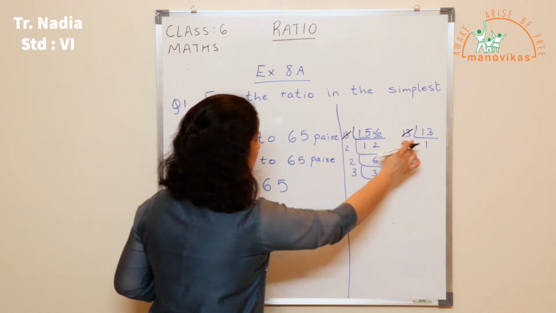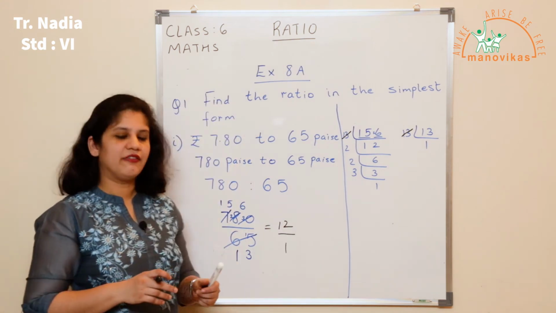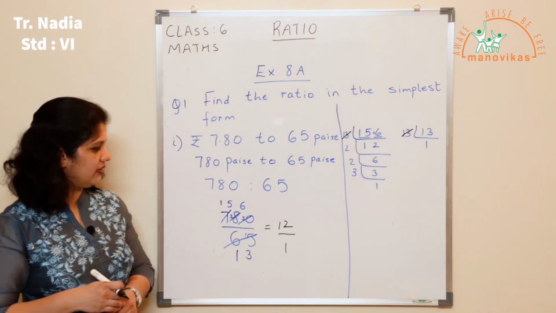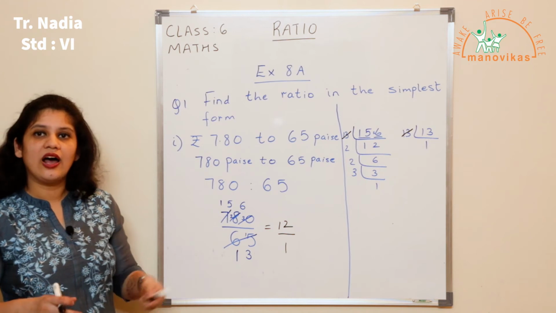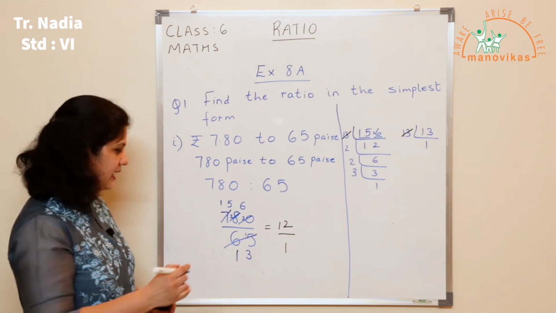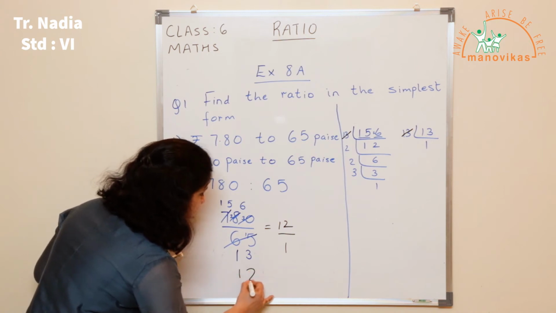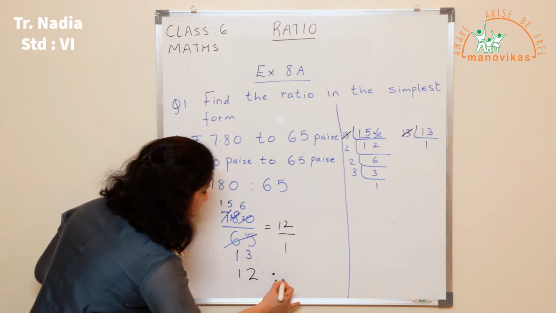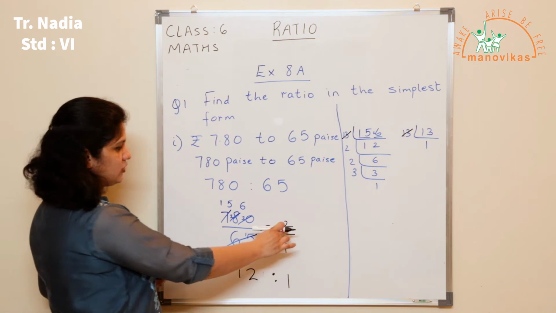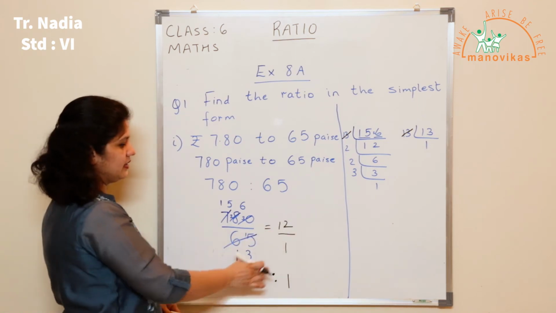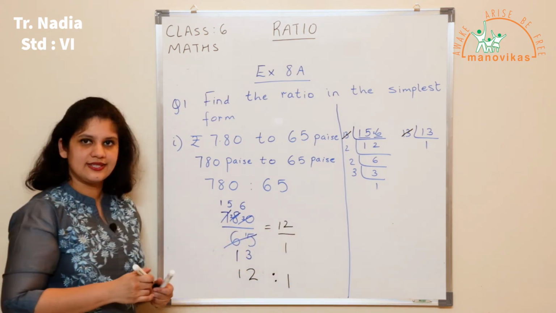In the denominator, I have 1. Okay, so after reducing, I got it as 12 upon 1. So let us go back and express it as a ratio. We have simplified it. So our final answer, the simplified ratio will be 12:1. Remember children, the numerator is the first term and the denominator is the second term.